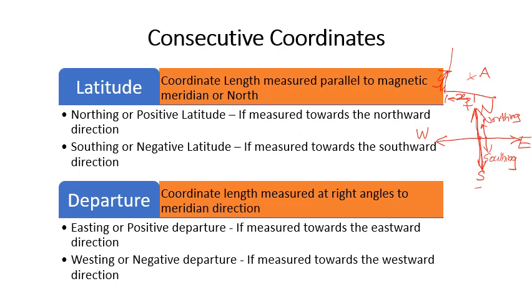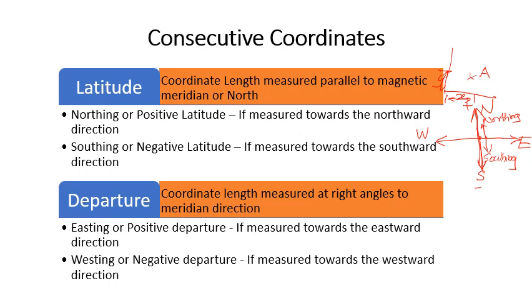Coordinate length measured parallel to the magnetic north or magnetic meridian is called the latitude. Northing or positive latitude: if the distance measured is towards the northward direction, then it is called a northing or positive latitude. If the measured distance is towards the southward direction, then that is called a southing or negative latitude.